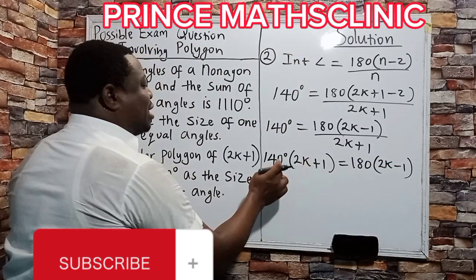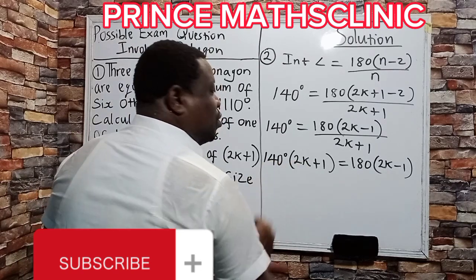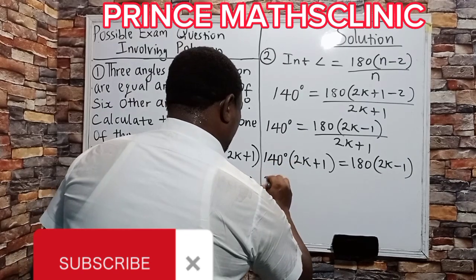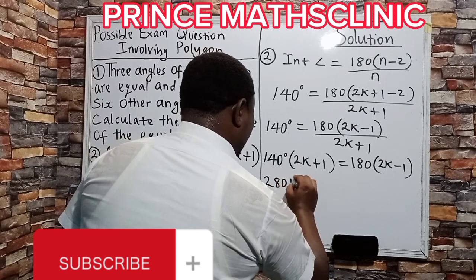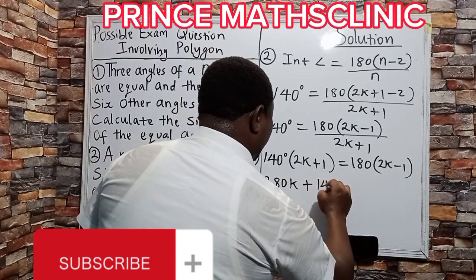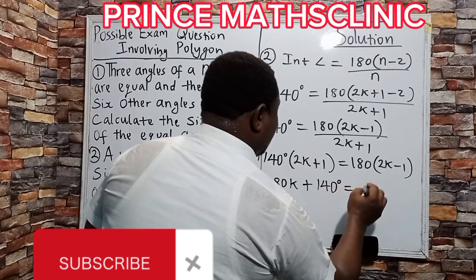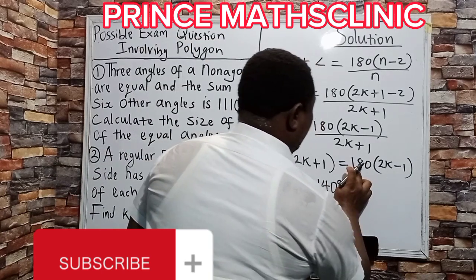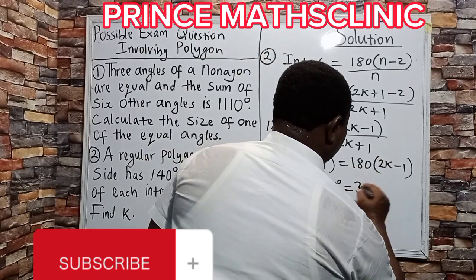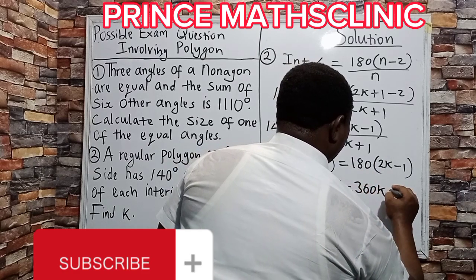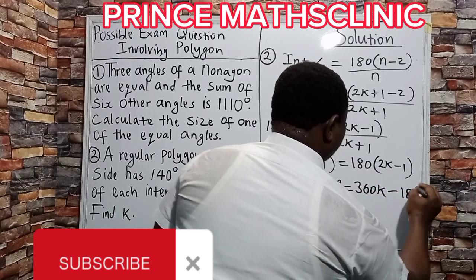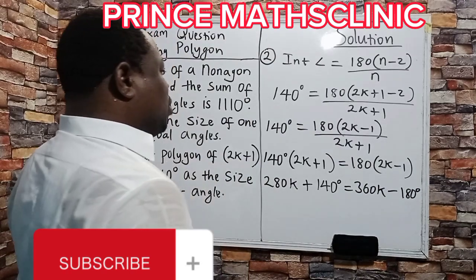So opening this part, 2k times 140 is 280k plus 140 degrees equal to 180 times 2 is 360k minus 180 degrees.